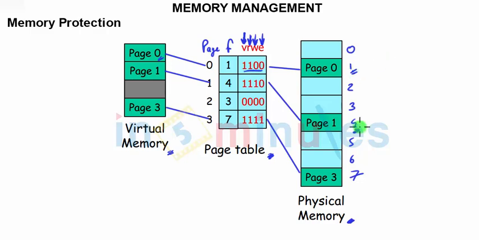Now looking at page 1, which is in frame 4, it is valid, it is writable, it is readable, but it cannot be executed. Similarly, the last page, page number 3 in the last frame, is valid, readable, writable, and executable.